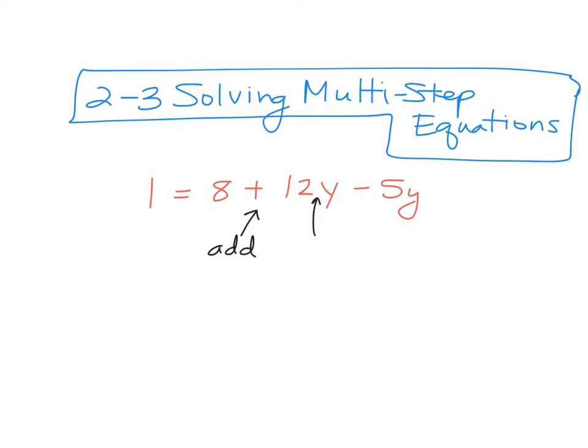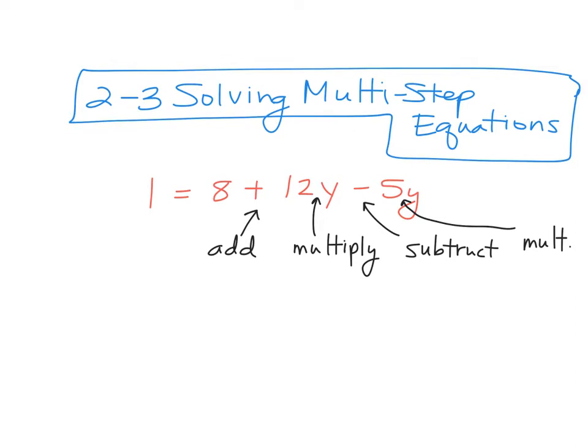What's happening here? Multiplication. What's this one? Subtraction. And then you still have another multiplication. So there's a lot going on in this problem.